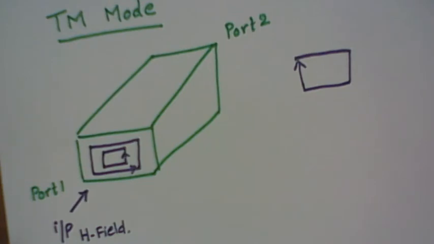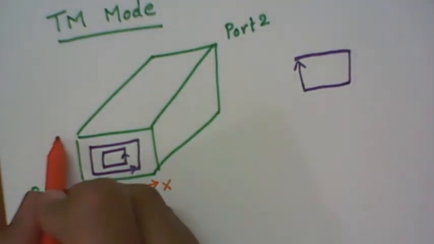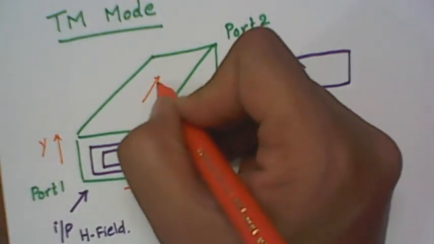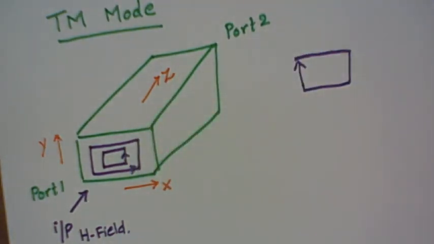Now here you observe that if I am giving input to the magnetic field, that means the magnetic field is moving towards x direction, it is moving towards y direction, and it is propagating towards the z direction.